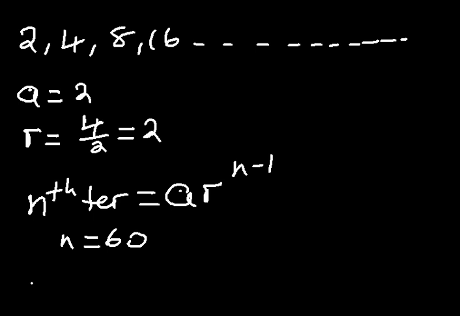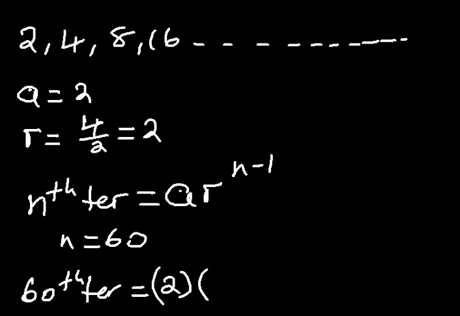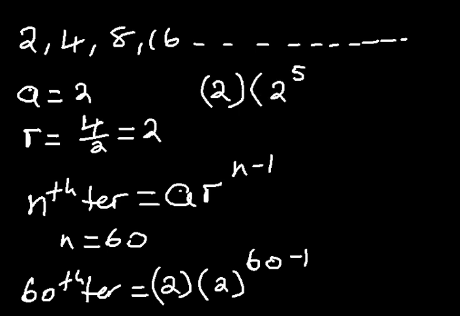So in this case we'll have the 60th term equal to, what's the first term? We have it as 2. And what is the common ratio? We have it as 2 as well, to the power 60 minus 1. And that is the same as 2 times 2 to the power 59.